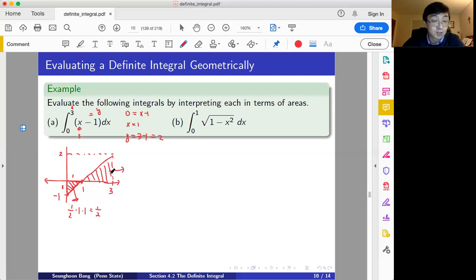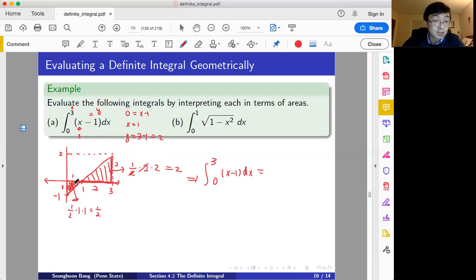What's the area of this one? Same, one half base times height. The base is 2, the height is 2. Exactly, 1 over 2 times 2 times 2, so the answer is 2. So what is the integral from 0 to 3 of x minus 1 dx here?